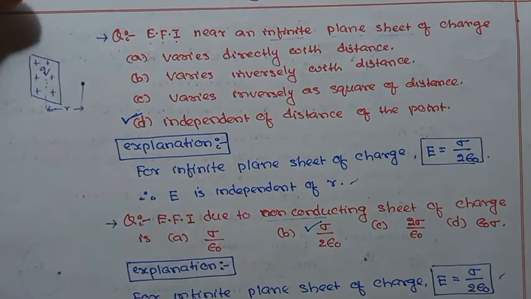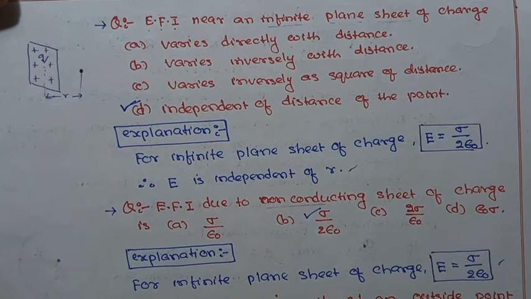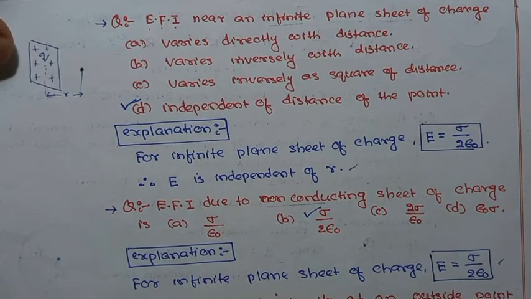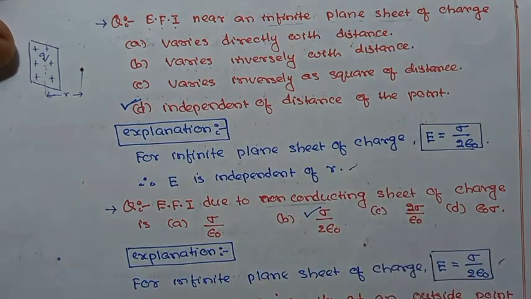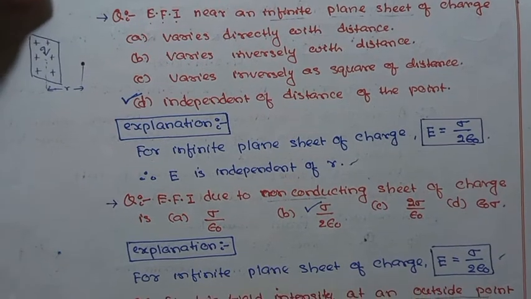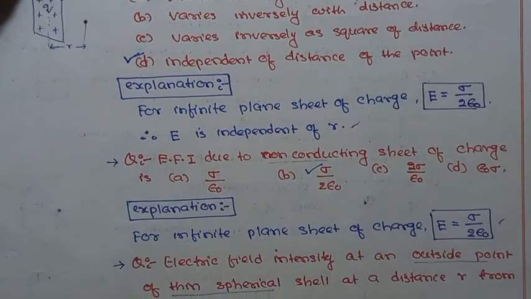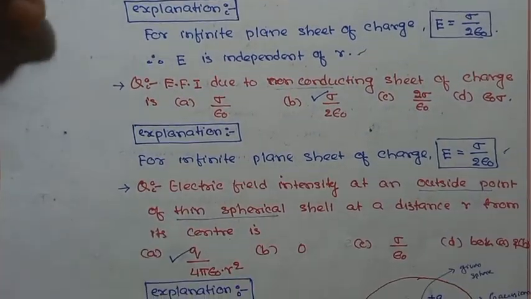So we know the relation for an infinite sheet of charge which is uniformly charged, E is equal to sigma by 2 epsilon 0. Here, electric field intensity is independent of the distance of the observation point from the sheet. Therefore, it is independent of the distance of the point. ठीक है? Now, next question.